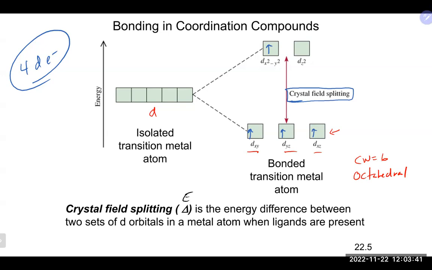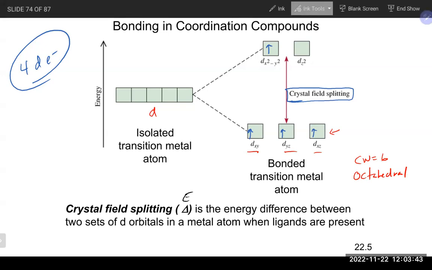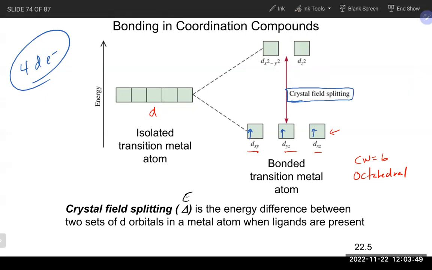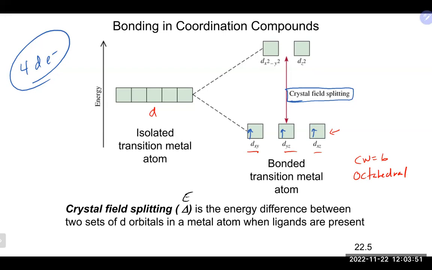Now, if we analyze the crystal field splitting and it is a relatively good distance, the electron is going to decide, I do not want to go up there. That's way too much energy. I would rather come back and populate the lower energy orbitals first and start pairing up.